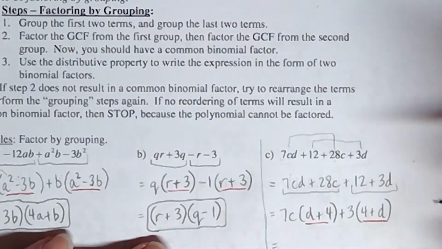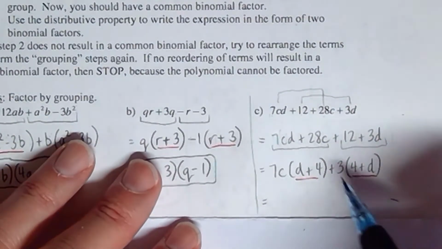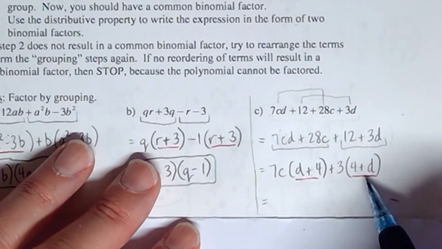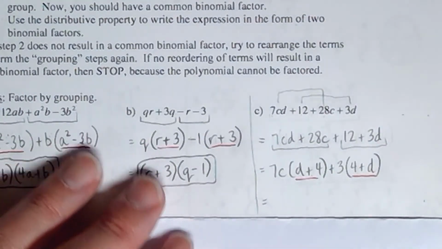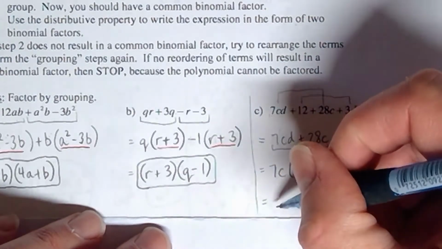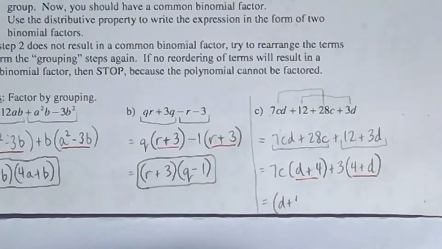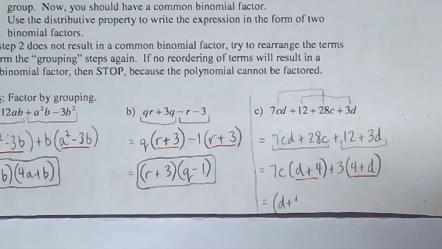So what would that be? And you might be wondering, wait a second. If there are two different orders here, how do I know which one of these two things I put in front since they look a little bit different? Because they are exactly the same, theoretically, it's your choice. You could put D plus 4 in front. You could put 4 plus D in front. It does not matter, I promise you. Just don't put both of them in front.